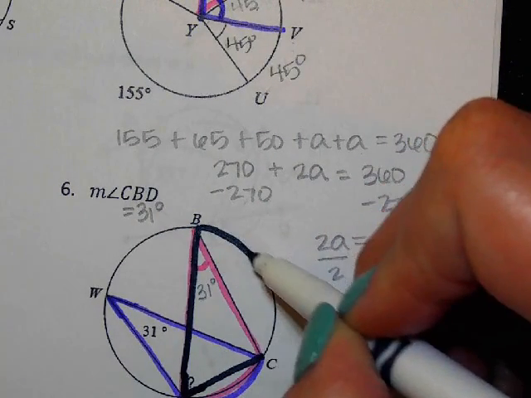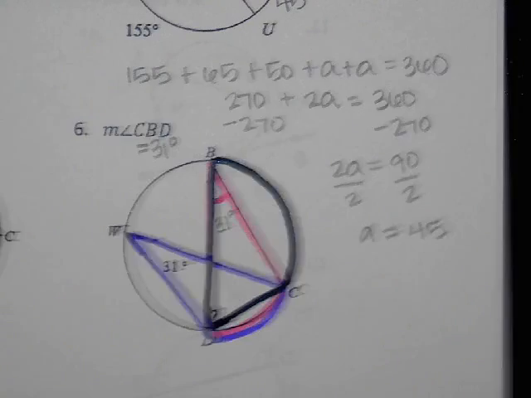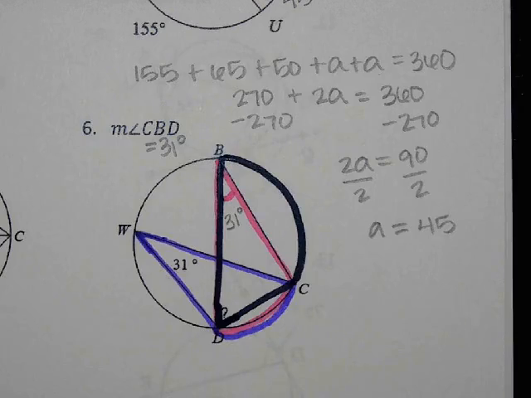Now, if we need to find the measure of BC, could we do it? Don't say it out loud. I want you to discuss it in your groups. We need to find the measure of arc BC. Could we do it? Go ahead and talk in your groups.